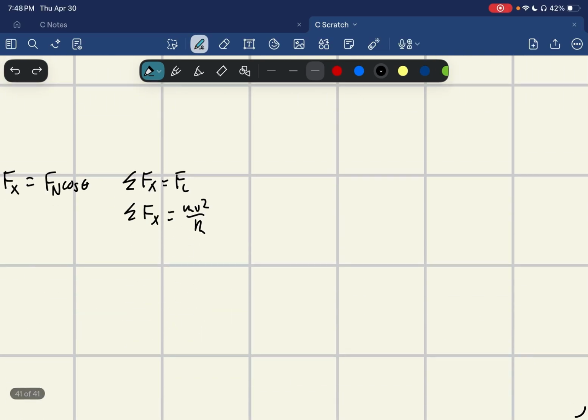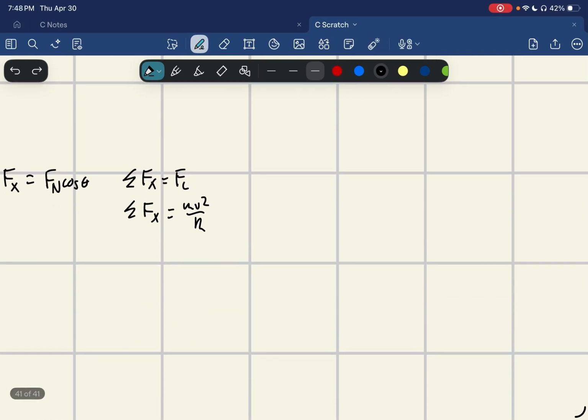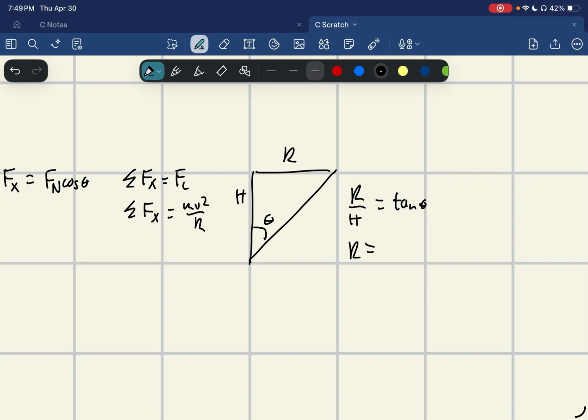To figure out what r is, the diagram is like this: the angle there, and then this is h, and this is r. So r over h is equal to tangent theta. To isolate r, you just multiply both sides by h. So r is equal to h tangent theta.